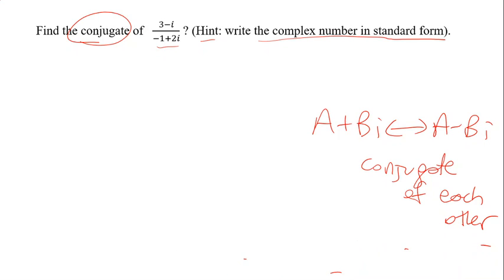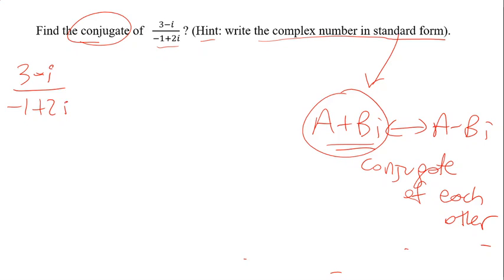Now the first thing we have to do is write it in standard form. So we have (3 minus I) divided by (minus 1 plus 2I). Then you multiply the denominator with the conjugate and do the same thing to the numerator. Multiply them.